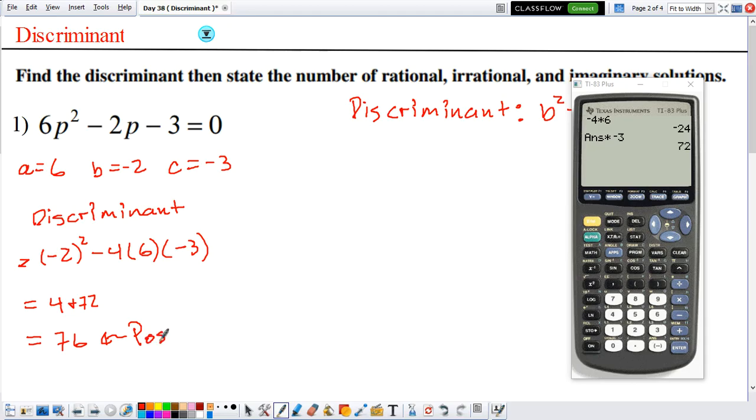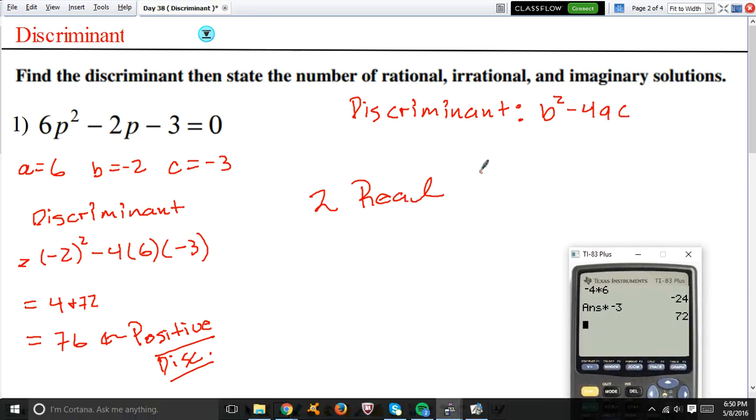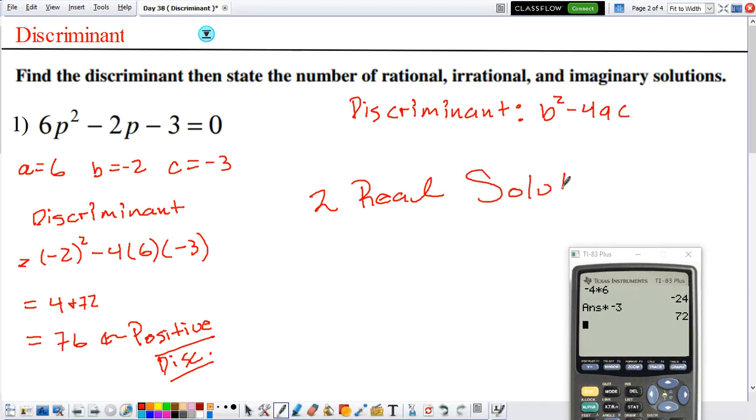Now, here we have a positive discriminant. And because it's a positive discriminant, then we have two real solutions. Now, are our solutions rational or irrational?